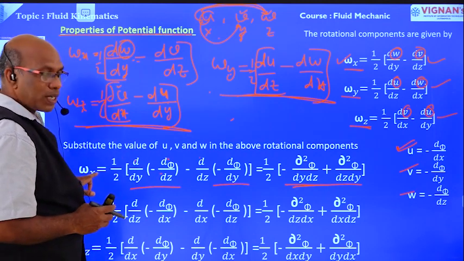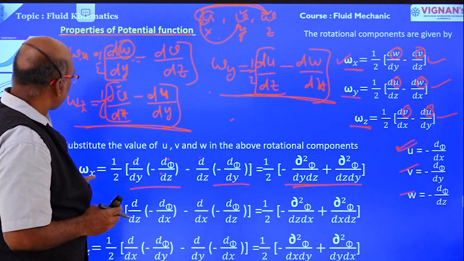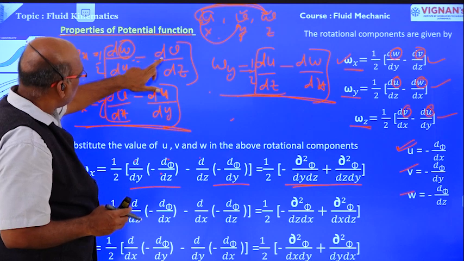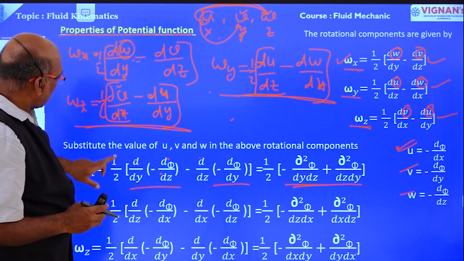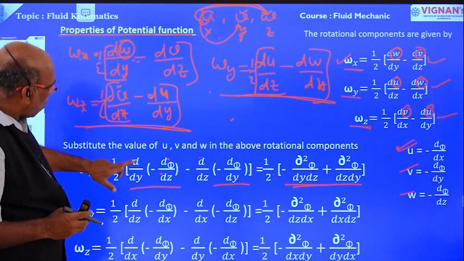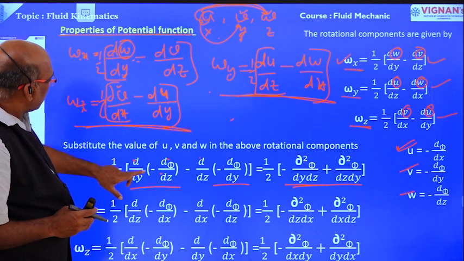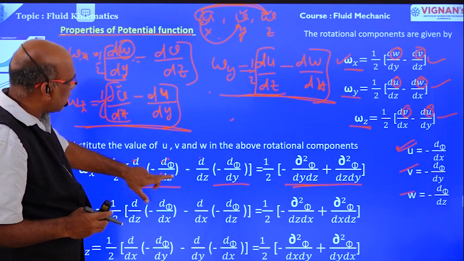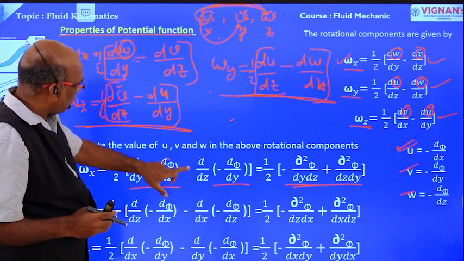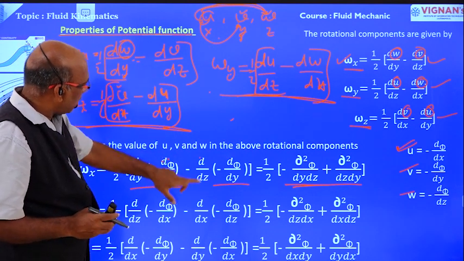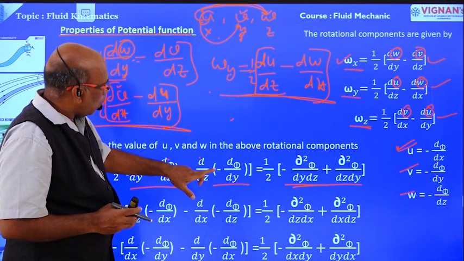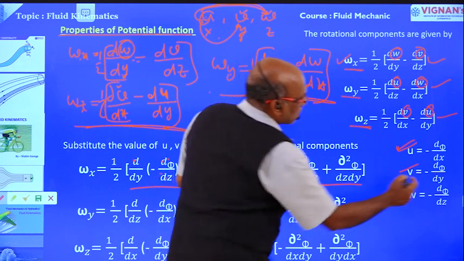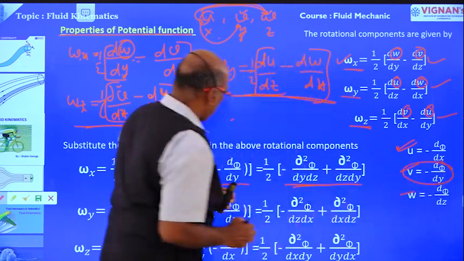ωx, the rotational component in the x direction, is equal to 1/2 (∂w/∂y − ∂v/∂z). Here w is nothing but −∂φ/∂z and v is nothing but −∂φ/∂y.